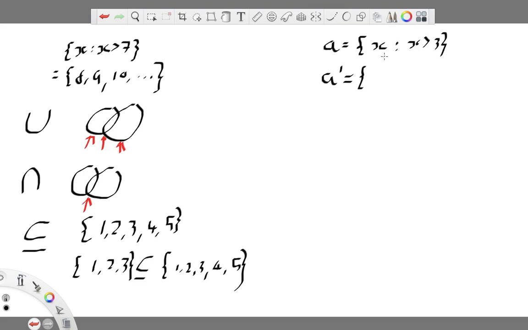So everything that isn't in X is greater than 3, so that would be 3, 2, 1, and so on. So that would leave us with this, which is the set X such that X is less than or equal to 3. Like that. That was just a bit of a recap, just to end the video.